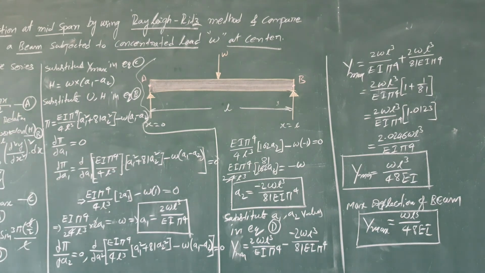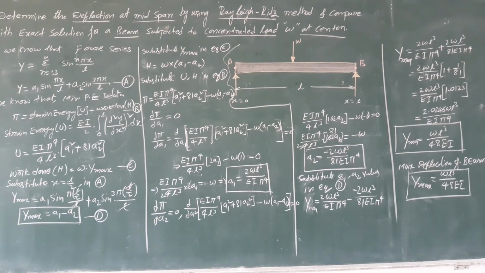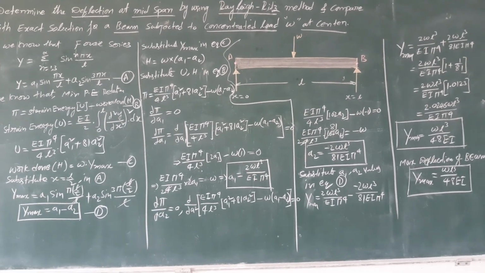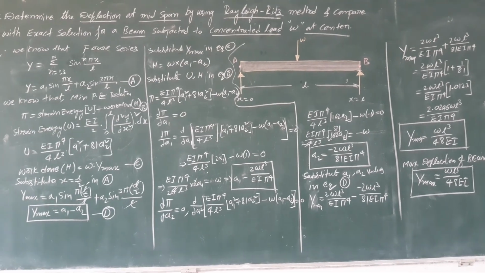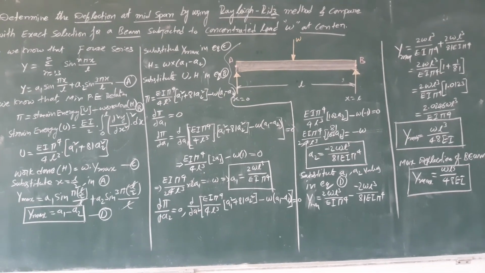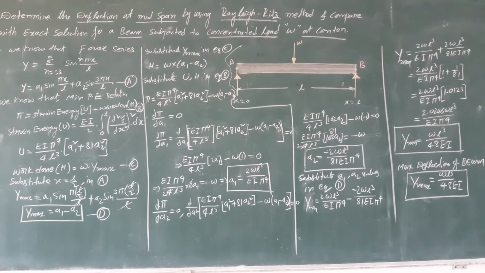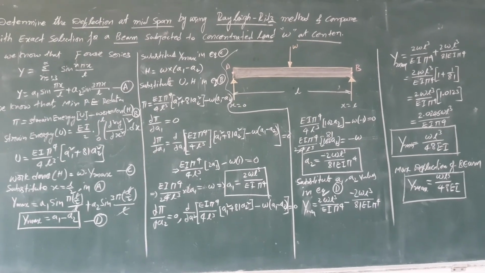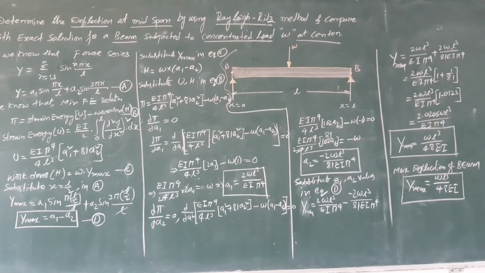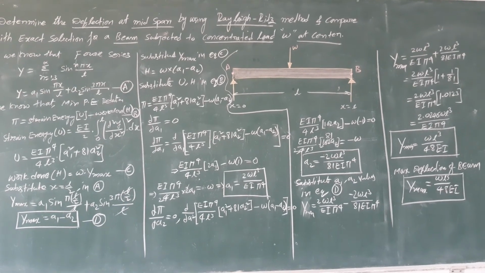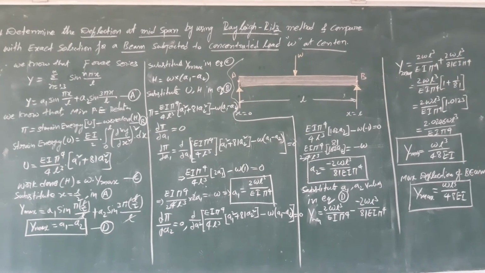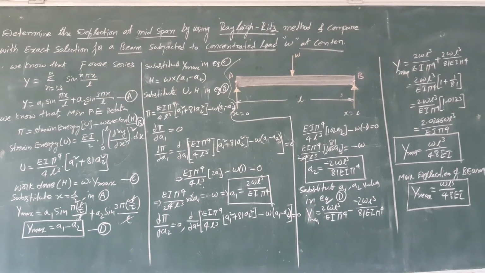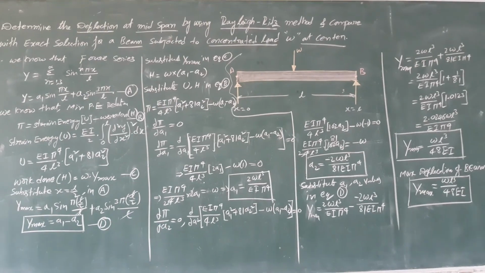This is the process to derive this type of problem. He is asking us to determine the deflection at mid span by using the Rayleigh-Ritz method and compare with the exact solution. The exact solution, in mechanics of solids, is Ymax for a simply supported beam equal to WL cube by 48 EI.